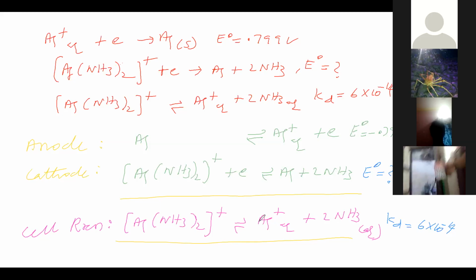Now the formula in which E naught cell and the equilibrium constant appear: E naught cell equals 0.059 by n log Kc. Here Kc in the sense is Kd, the equilibrium constant.